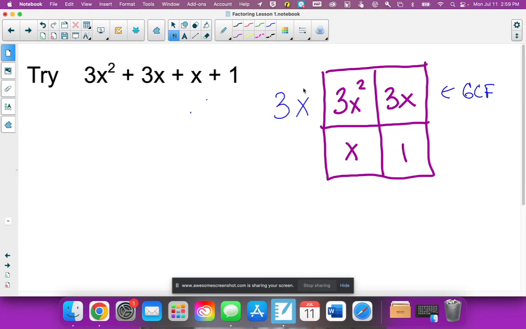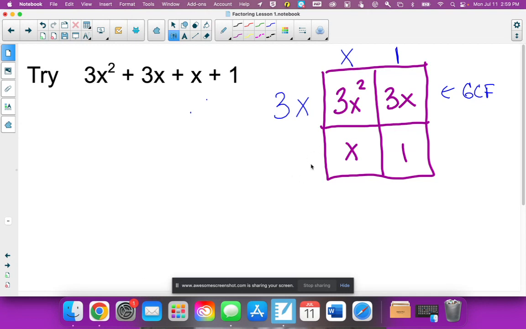Okay, so I have my width. Find my length. So 3x times x has to give me 3x squared, and then 3x times 1 has to give me 3x. Be careful, a lot of people miss out on that 1 that you're supposed to have. Okay, same deal. What has got to be the other part of your width that works for this?